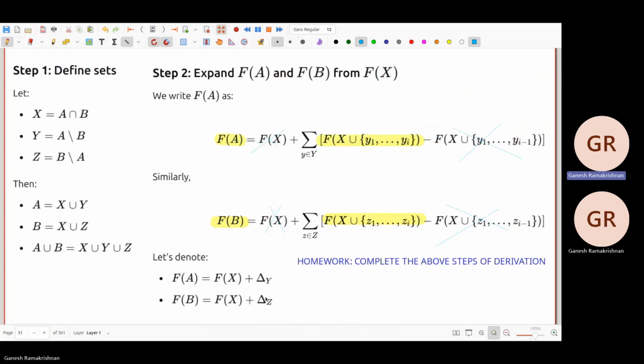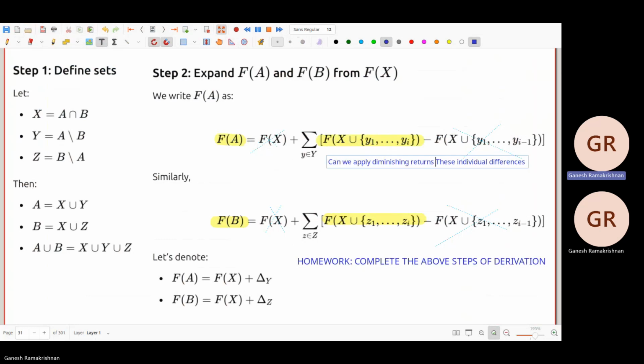The question will be, if it's P and Q, what will be our P and Q here? Right, so can we apply diminishing?